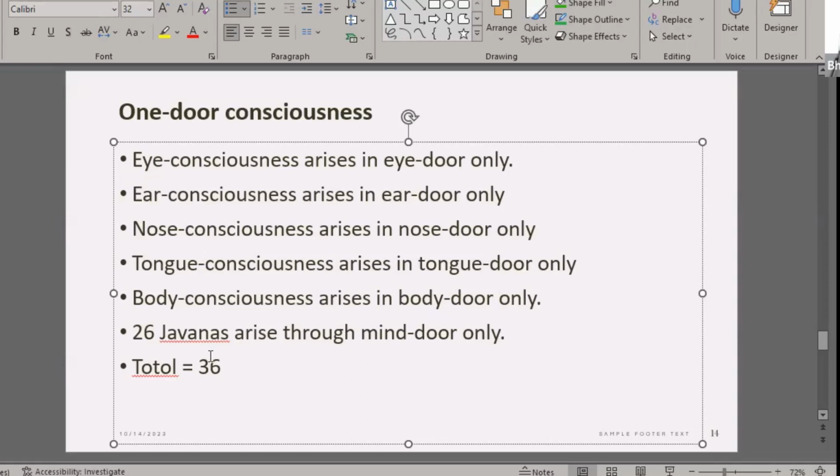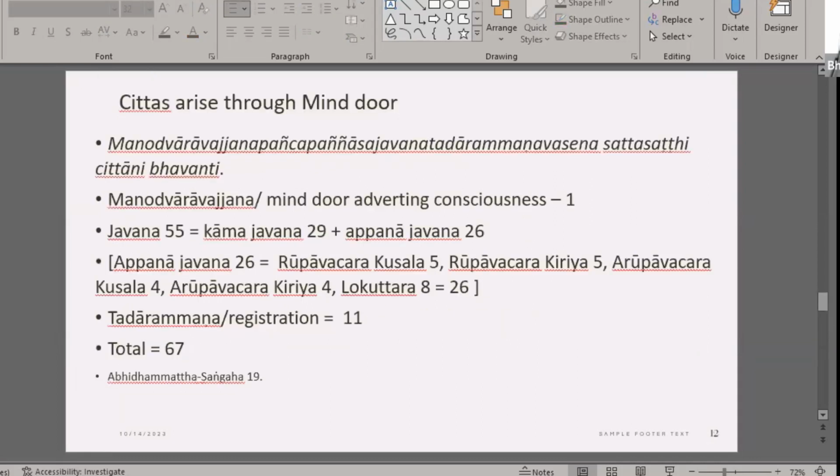Then can you remember the 26 javanas, the appana javanas? Rupavachara kusala, Rupavachara kiriya, Arupavachara kusala, Arupavachara kiriya, and Lokuttara chittas arise only in the mind door.